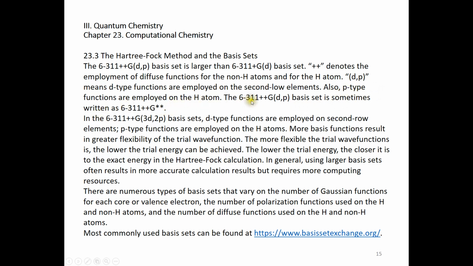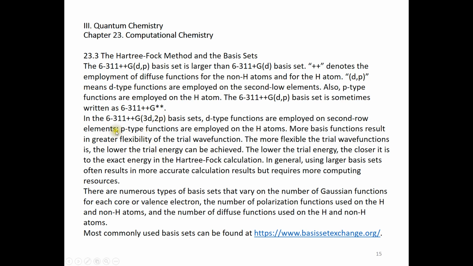This 6-311++GDP basis set is sometimes written as 6-311++G star star. Two stars means D-type polarization functions on non-hydrogen atoms, and the second star means p-type functions on hydrogen. We can even add more polarization functions. So we just changed this DP to 3d and 2p. So we have 3 sets of d-type functions on carbon, oxygen, nitrogen, and 2 sets of p functions on hydrogen atoms.